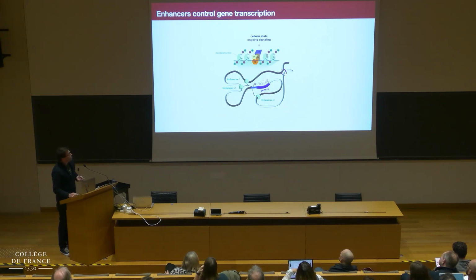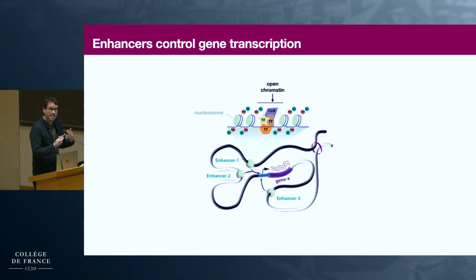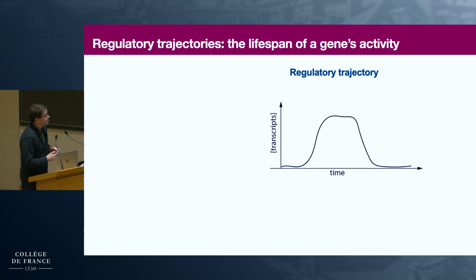Because they bind to the enhancer, they generally induce a little opening of the chromatin, which enables us to identify enhancers. On top of that, you can also see histone modifications on the nucleosomes next to this binding, which are very useful to identify putative enhancers.